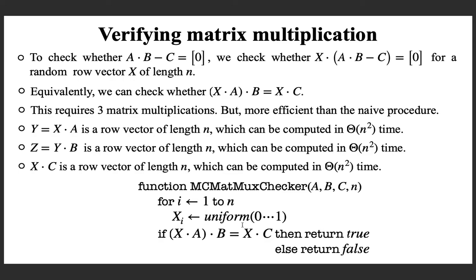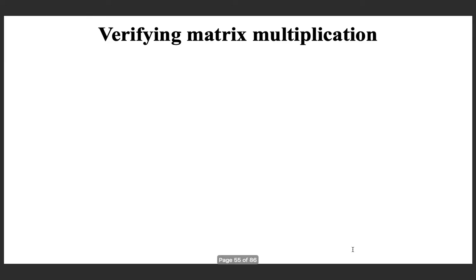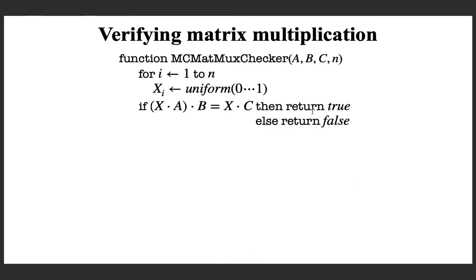You take the ceiling or floor of that, and you will get this binary value. After that you check whether this equation is correct or not. If they are the same, then you return true, otherwise you return false. So this is the algorithm that we have.